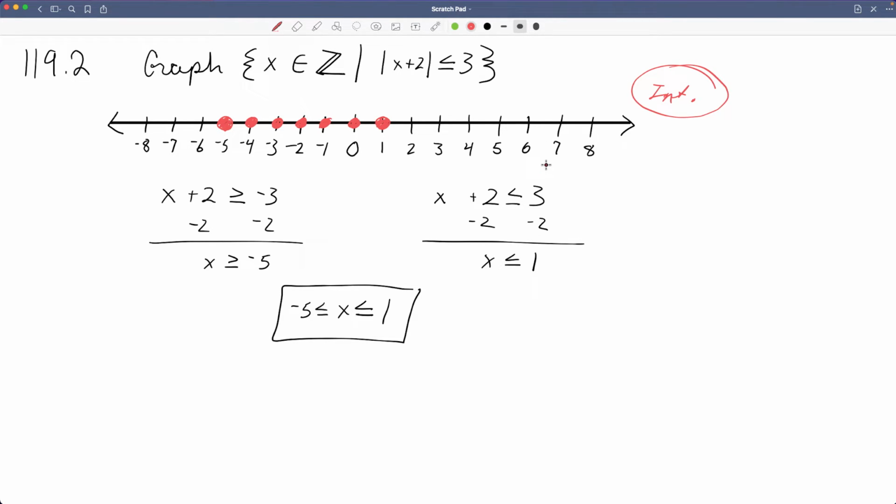And circle it. If that helps you to remember which one to graph, that's fine in your notes. But do remember to look for your domain right here, or you'll get the wrong answer. Just like I did. Even though I got the right beginning and the ending, I didn't have the right domain, so I drew the line, and that was incorrect. It was just the dots on the integers themselves.